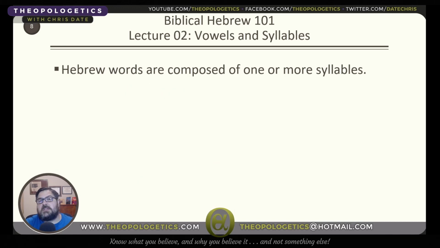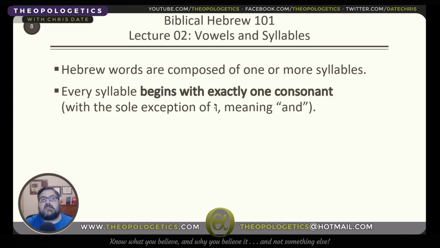Hebrew words are composed of one or more syllables. Every syllable begins with exactly one consonant, with the one and only sole exception of the Hebrew word u, meaning and. The word u in this case is one of the vowels that you will learn today, but it's a form of the Hebrew word v, meaning and.